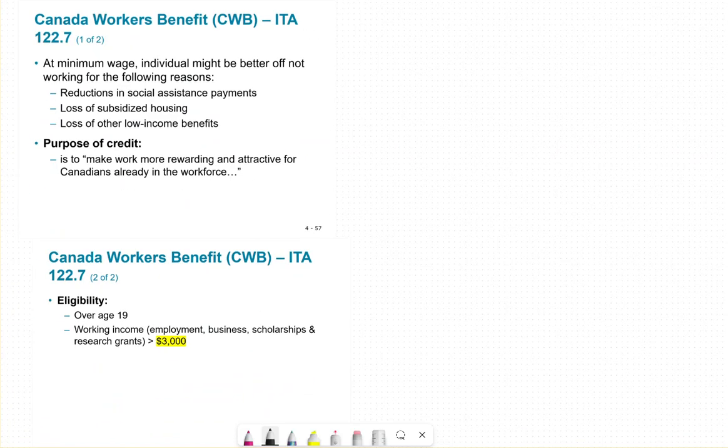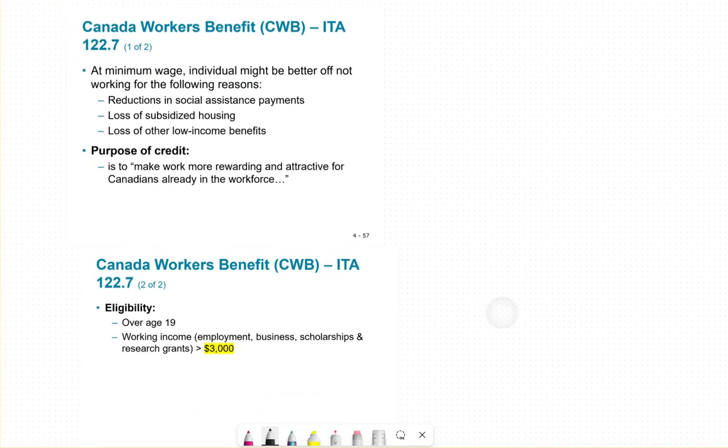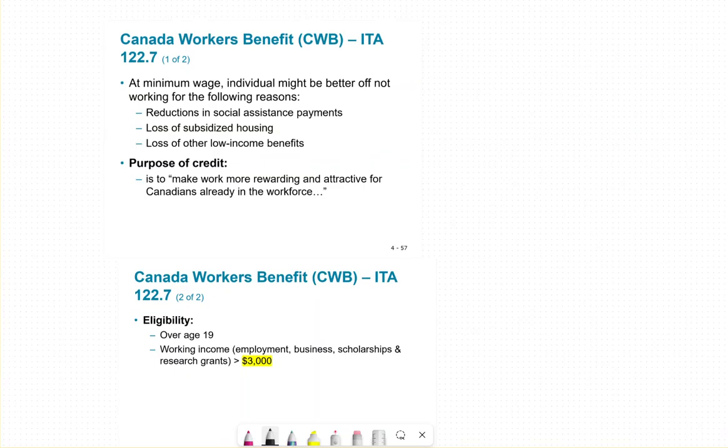Now, the Canada Workers Benefit. This is given to people who work at minimum wage. Sometimes the individual might be better off not working, asking if you're getting a benefit from the government, why work?